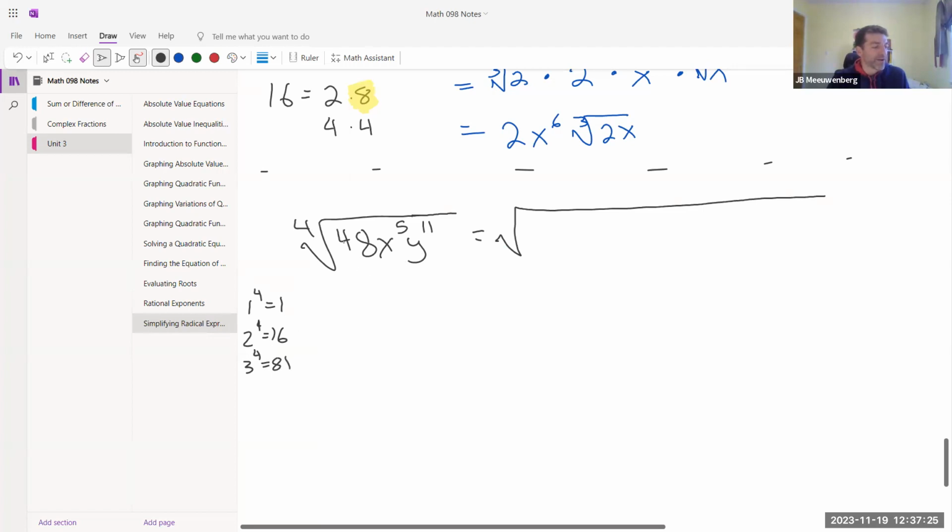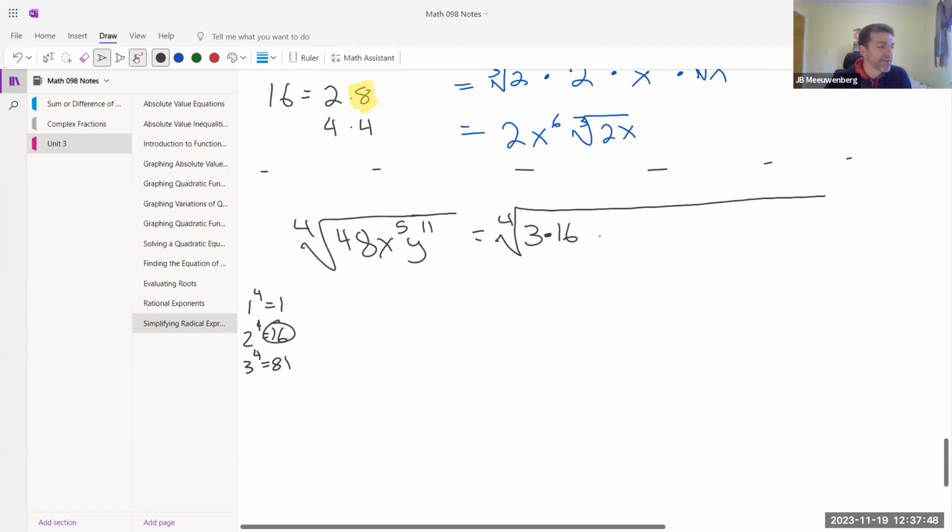I won't have to go any higher than that because my number is 48. So, have you figured out what it is yet? The number 48 can be broken up into 3 times 16. And 16 is a number to the 4th power.